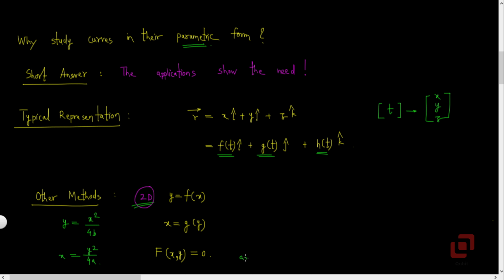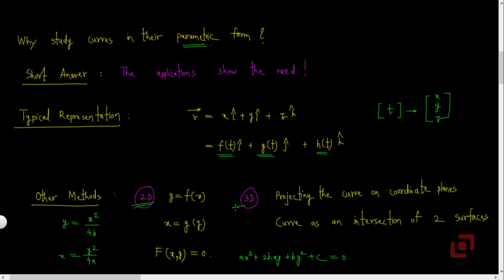For example, ax squared plus 2hxy plus by squared plus c equal to 0. These are the ways known to us where we can represent the given curve as an equation.